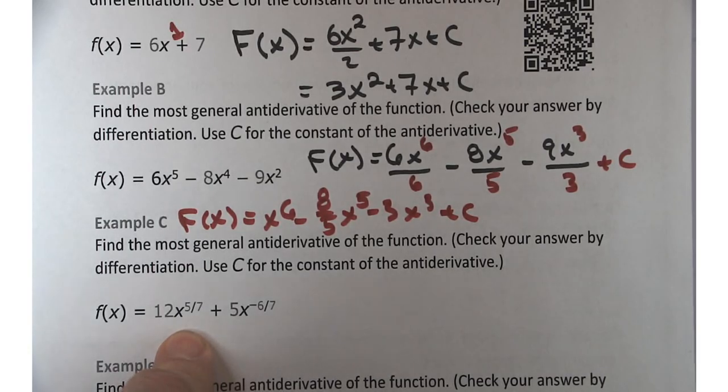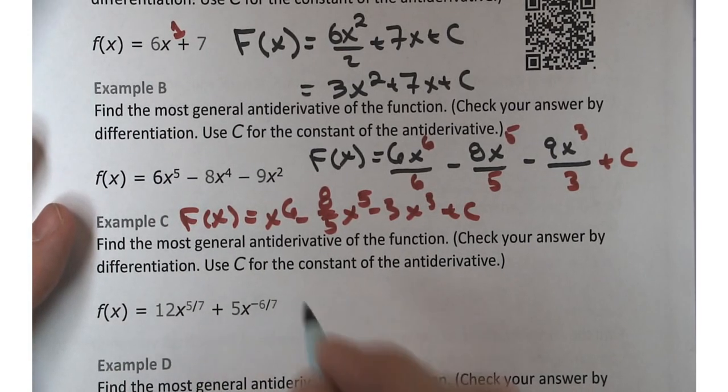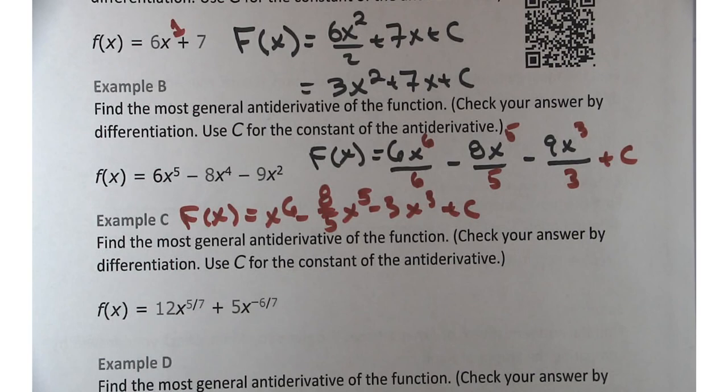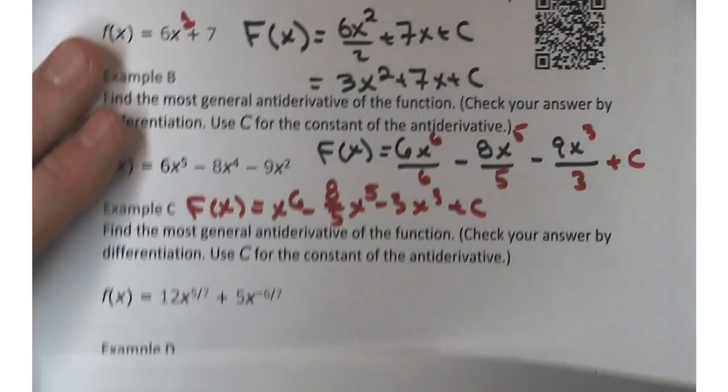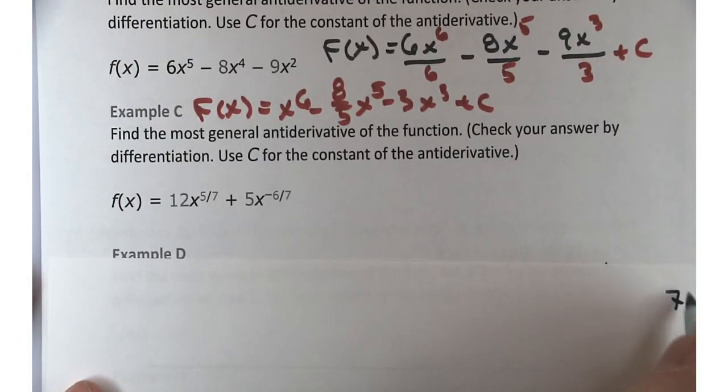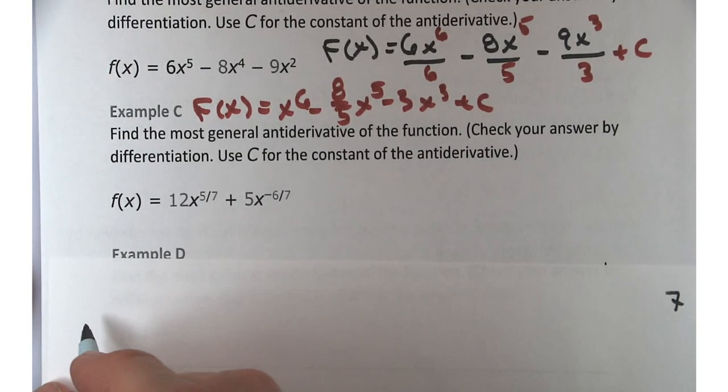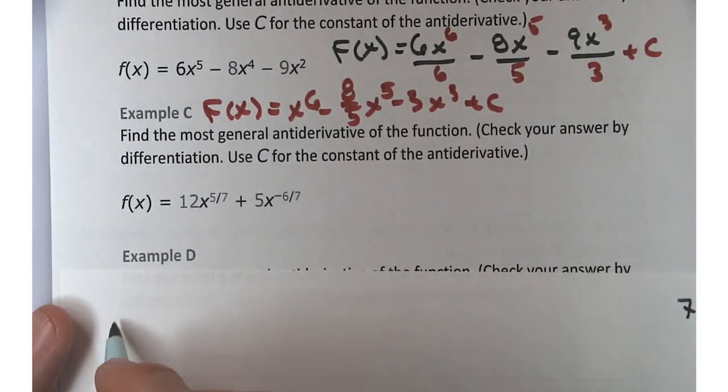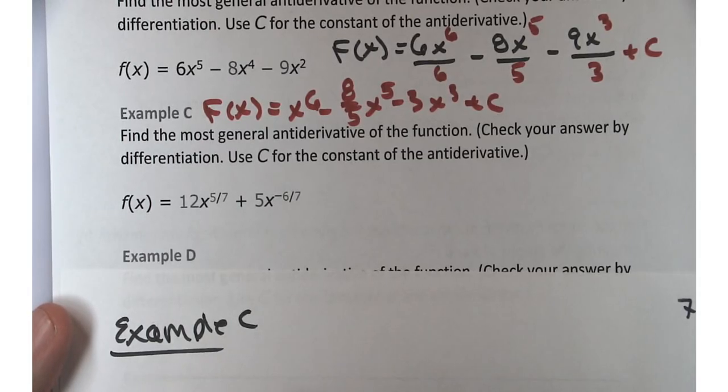Just because we have fractional exponents doesn't mean that our work changes when we're working with these antiderivatives. So, let's see. Do I have enough room here? I think I'll move on to a different sheet of paper just for this one. So let's do f of x. This is example C. f of x is 12x to the 5/7 plus 5x to the negative 6/7.